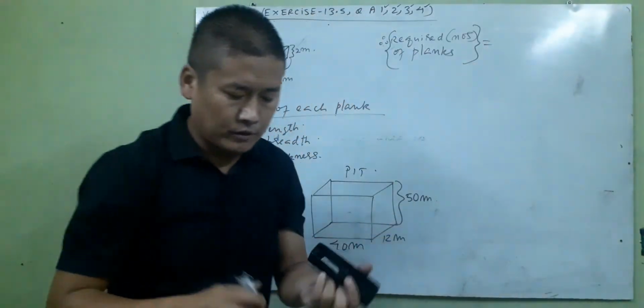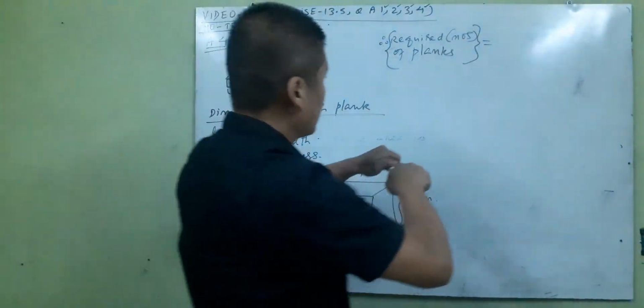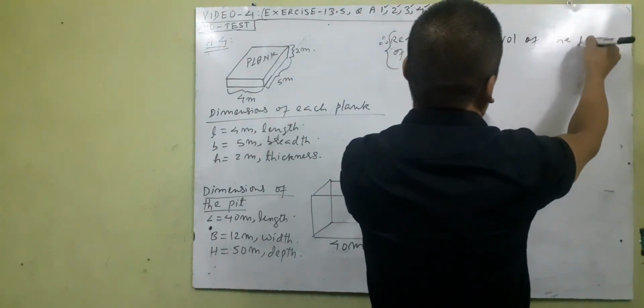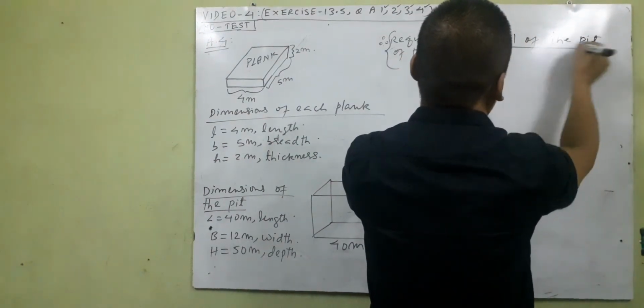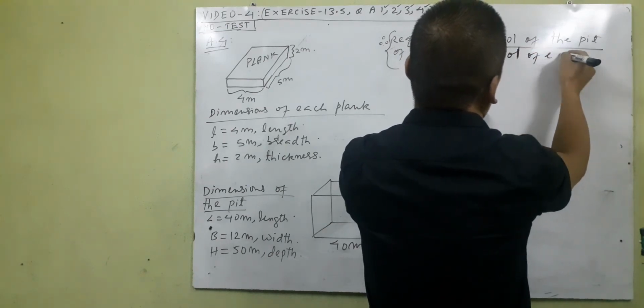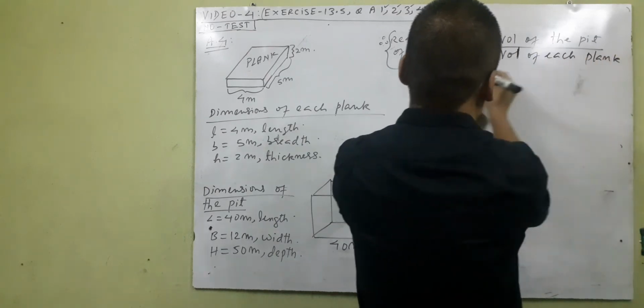Required number of planks is simply given by the formula: volume of the pit divided by volume of each plank. That will give you the number of planks that can go inside.